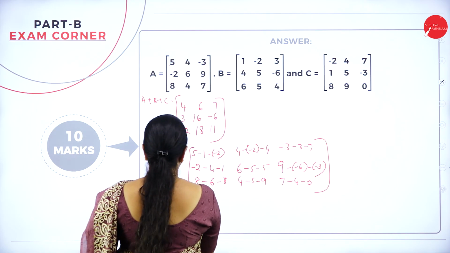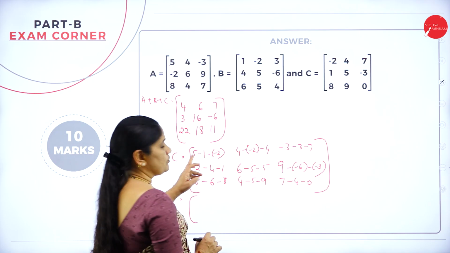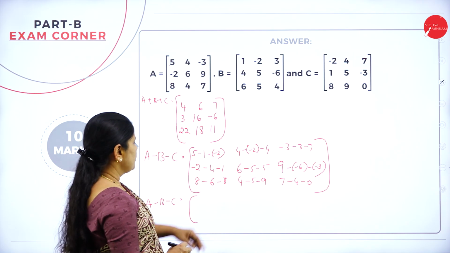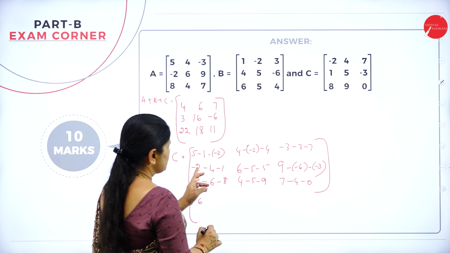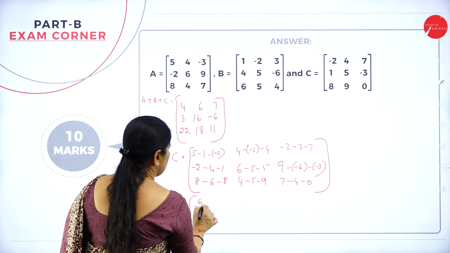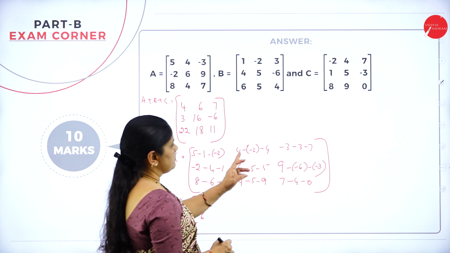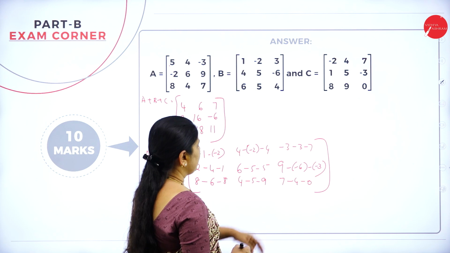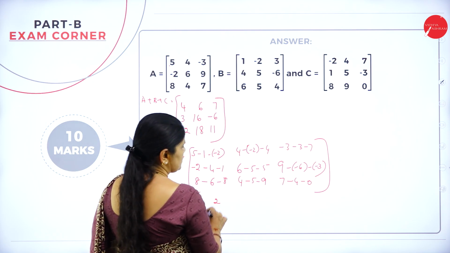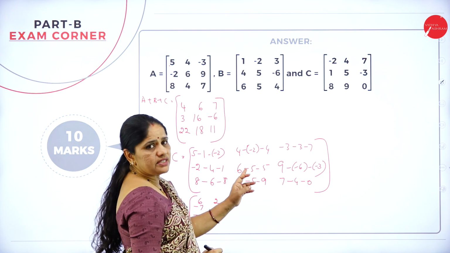So A minus B minus C will be equal to 5 minus 1 is 4, 4 plus 2 is 6. So minus 2 minus 4 minus 6 minus 1 is minus 7. So 8 and 8 gets cancelled, only 6 is remaining. So plus 4 minus 4 gets cancelled, plus 2 remains. So this will be 6 minus 5 is 1.